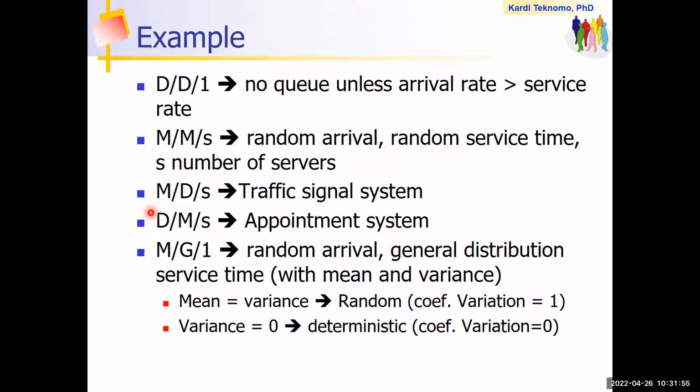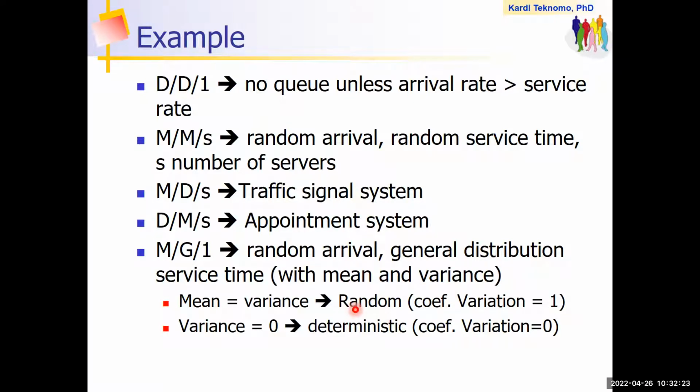But when the doctor will finish is unclear, so it's M. S is the number of doctors. MG1 is an example of random arrival and a general distribution for the service time. That means you have a certain mean and variance here.